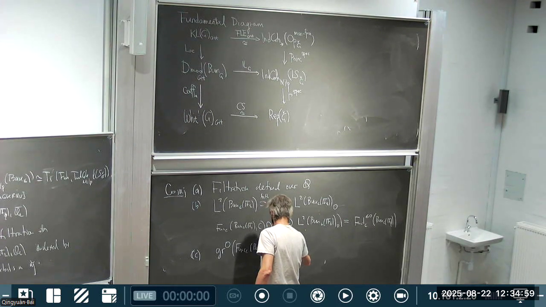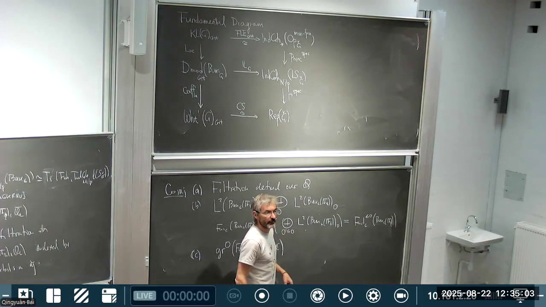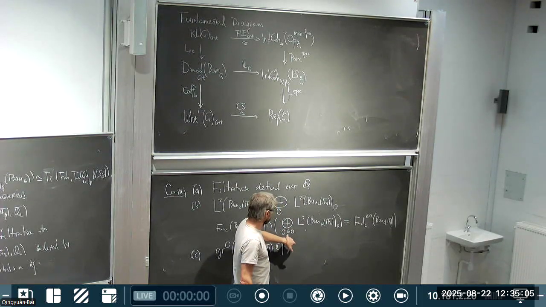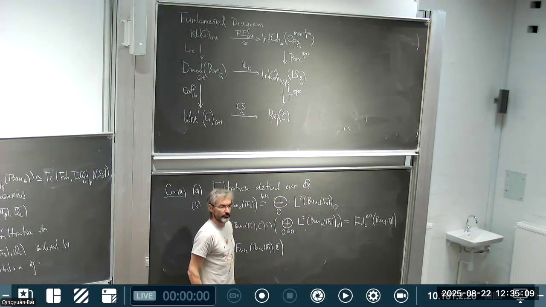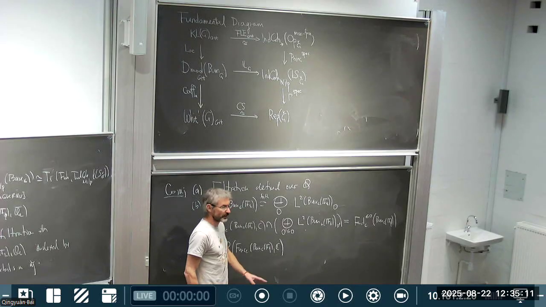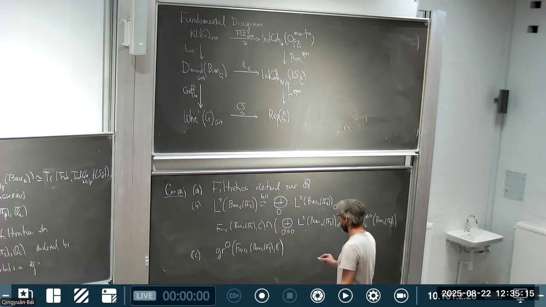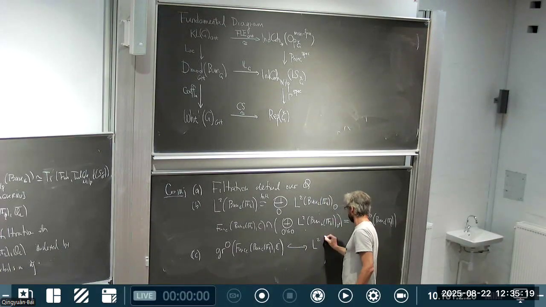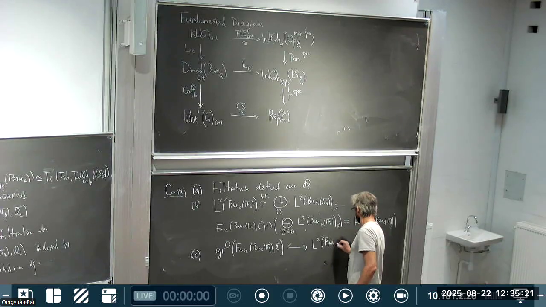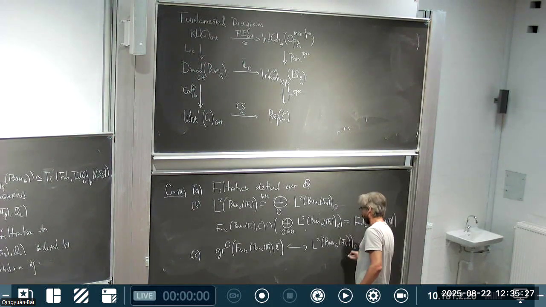The sum is over nilpotent orbits. So according to B, this embeds into the piece of the spectral decomposition corresponding to O.